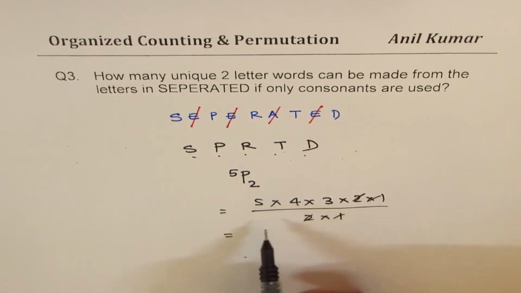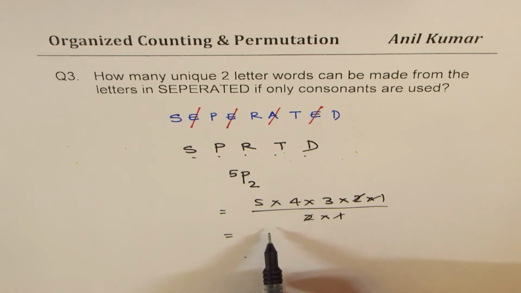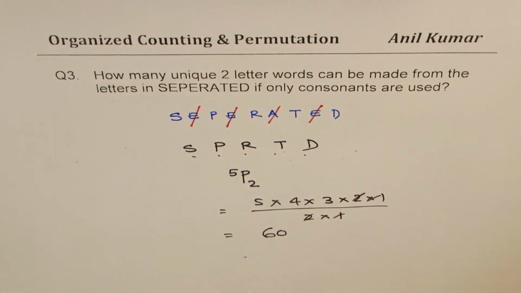So 20 times 3 is 60 as your answer. So that is the answer.